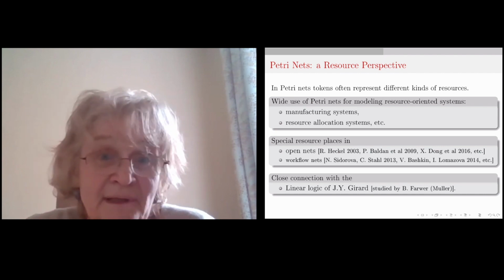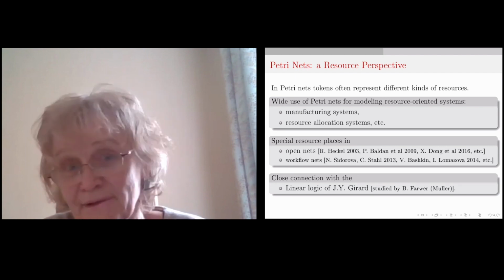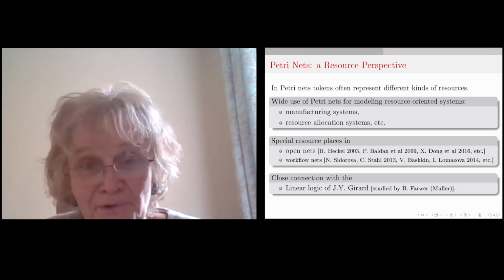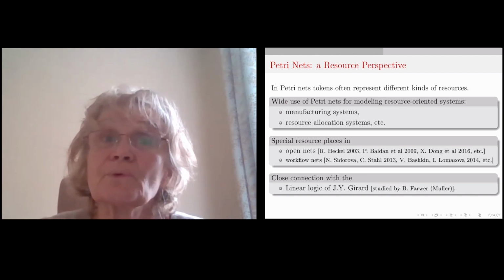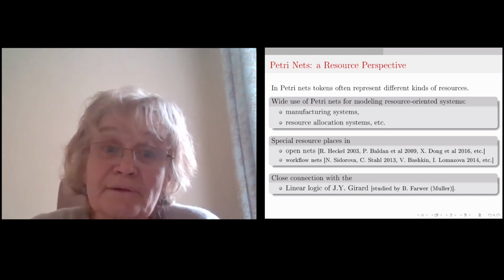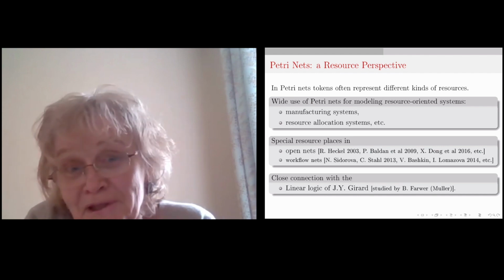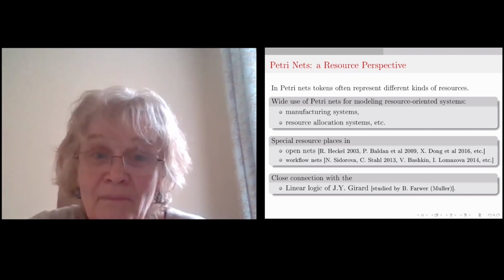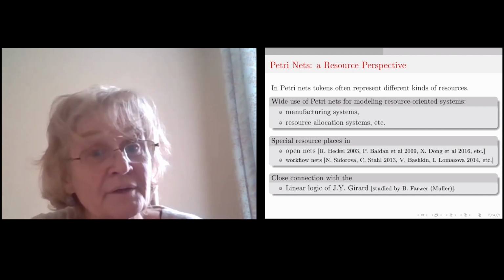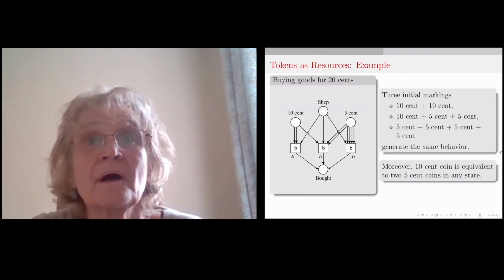Sometimes, like in our example, there was a buffer and some resource produced and consumed. So there is a way to give an interpretation as resources to markings of Petri nets or parts of their markings, sub-markings.